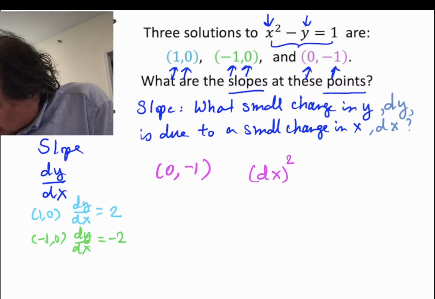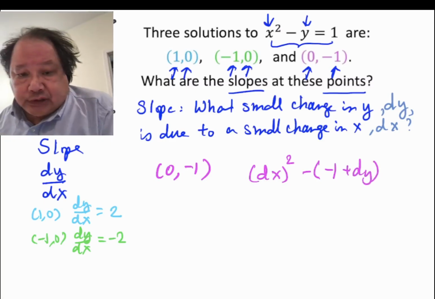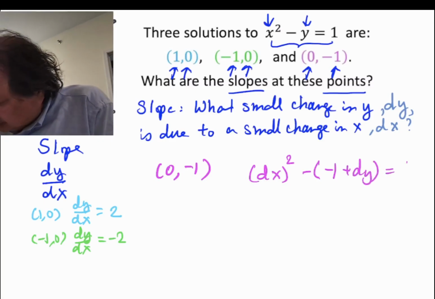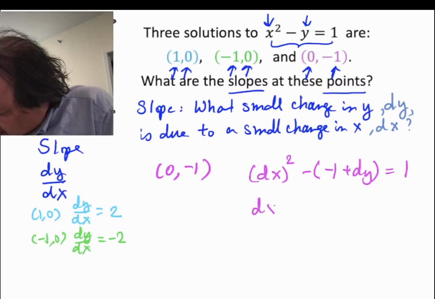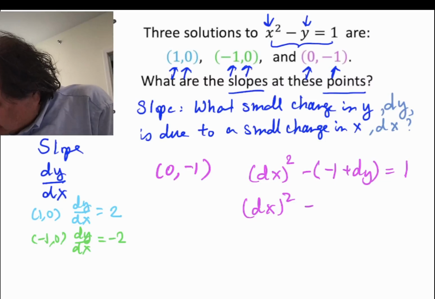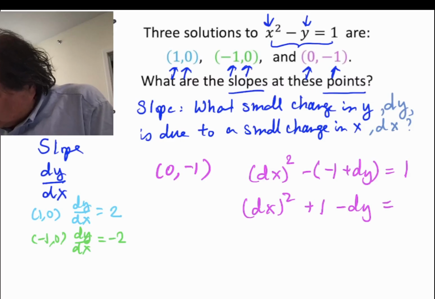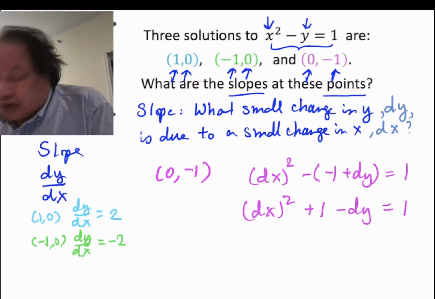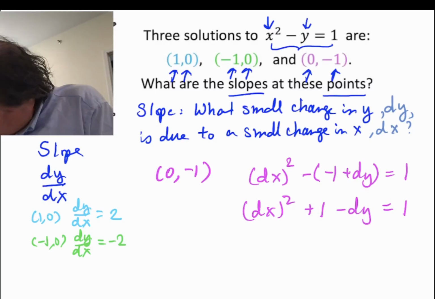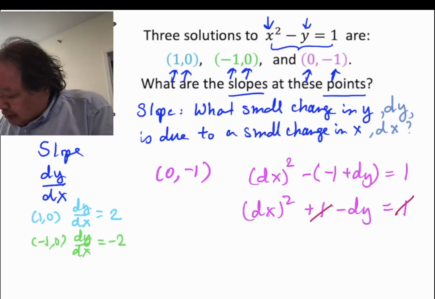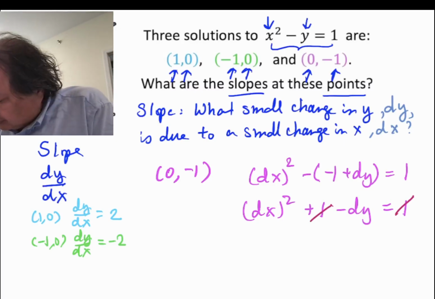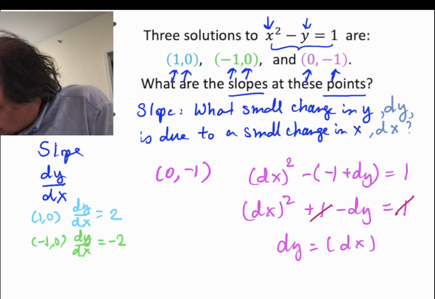The new value for y is negative 1 plus its change dy. And so we get dx squared plus 1 minus dy equals 1. The 1's on both sides cancel. And we get that dy is equal to dx squared.